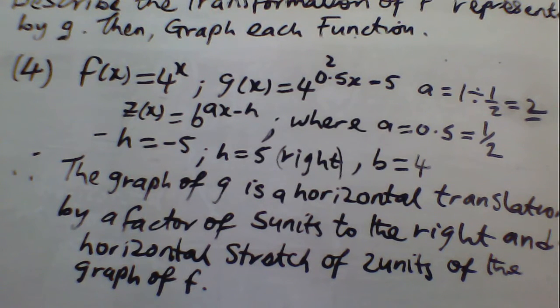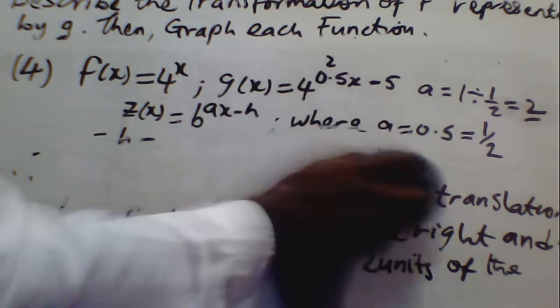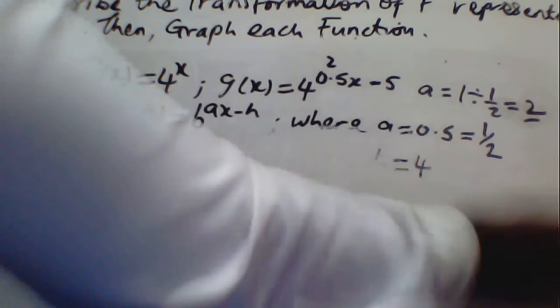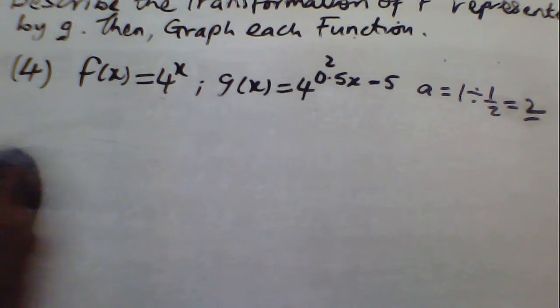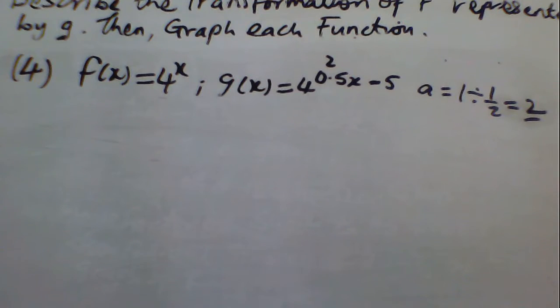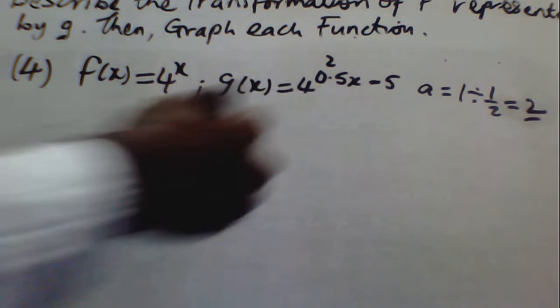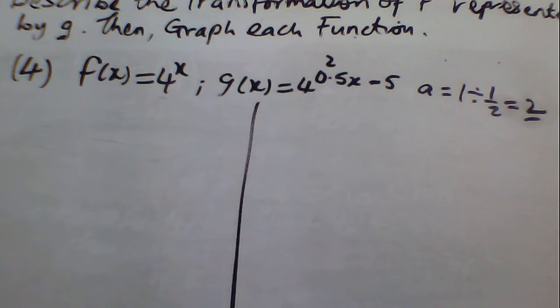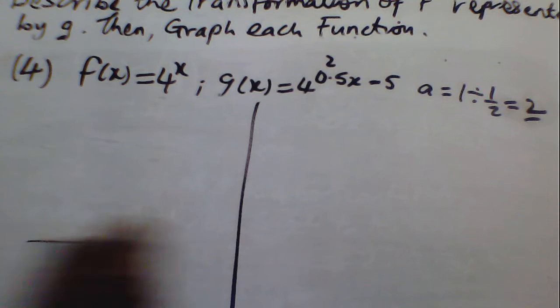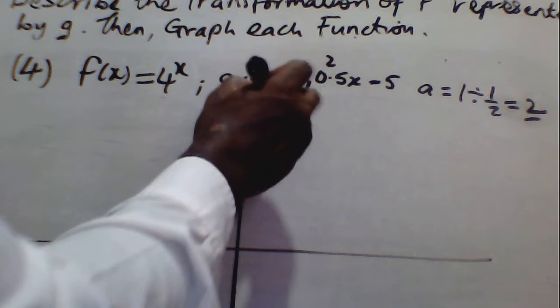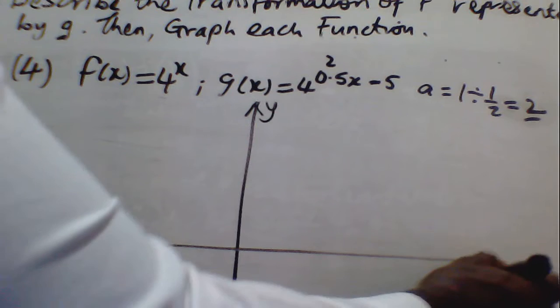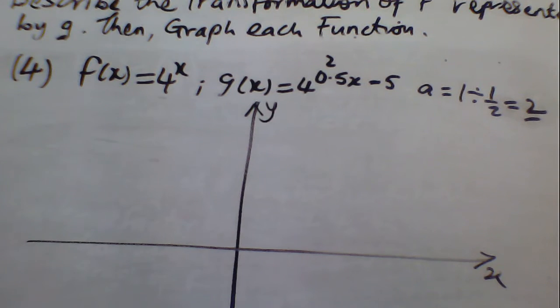So once we have stated the description, the next is to graph the function. So let's go into graphing the function. Once you draw the x and y axes, you have to choose a point.